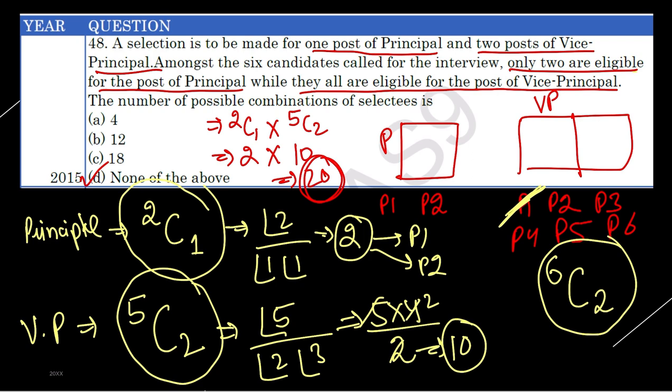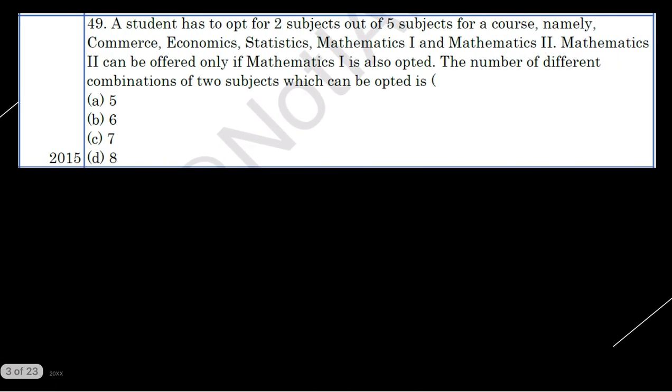Now moving on, the next question is, a student has to select 2 subjects out of 5 subjects. So he has 5 subjects: C, E, S, M1 and M2. There are 5 subjects available to him and he has to choose 2 subjects.